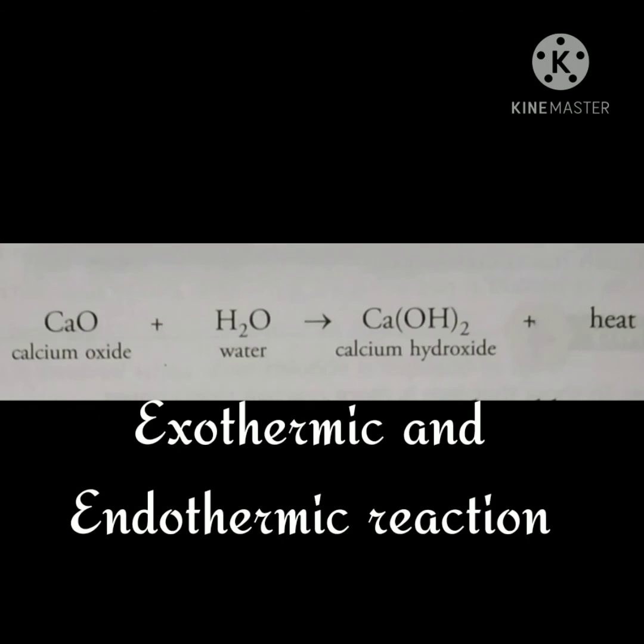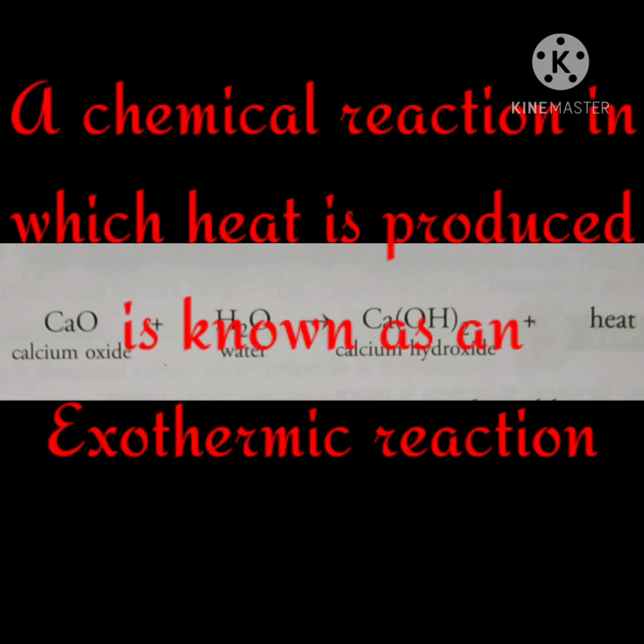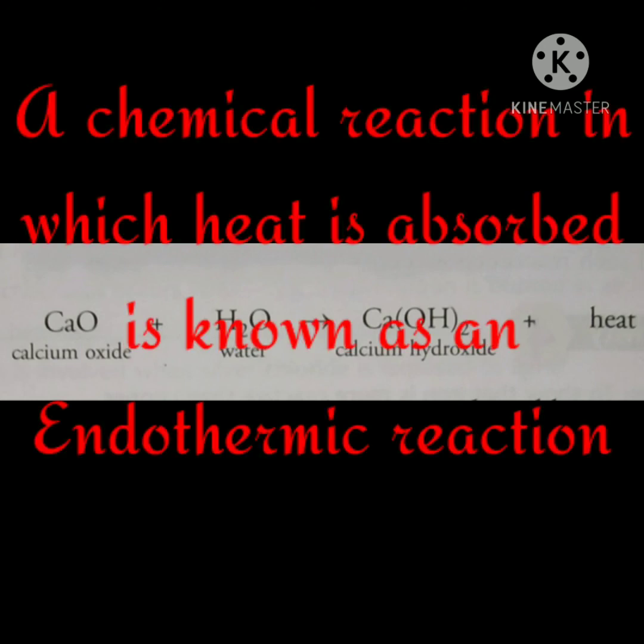Now, a reaction may be exothermic or endothermic. We already know that a reaction in which heat is produced is known as an exothermic reaction, and a reaction in which heat is absorbed is known as an endothermic reaction.